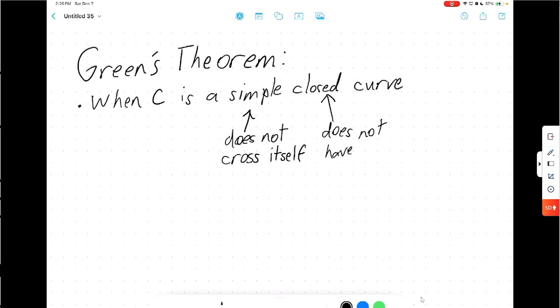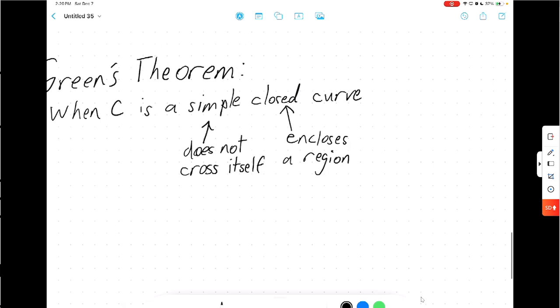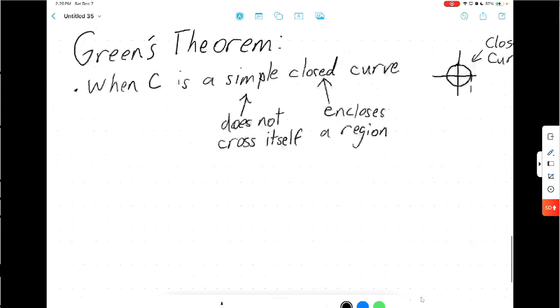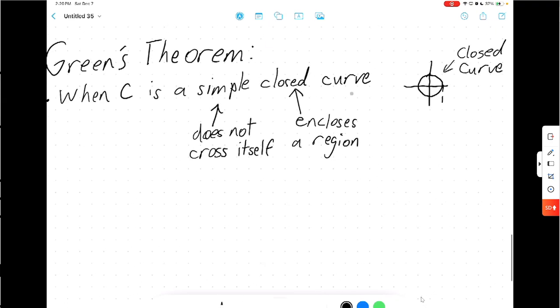Closed means it's enclosing a region. This is best given by a small example. An example here is this circle that I just drew, which has radius of 1. This is a closed curve, because as you can see, the circle here is completely enclosed by this curve. So that's what I mean by closed.